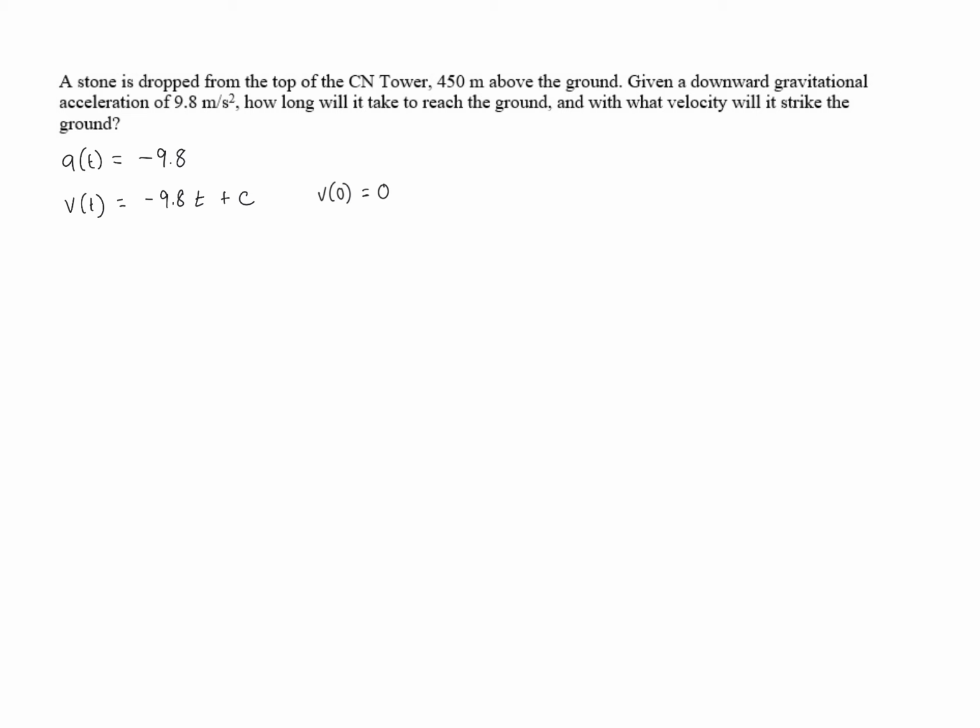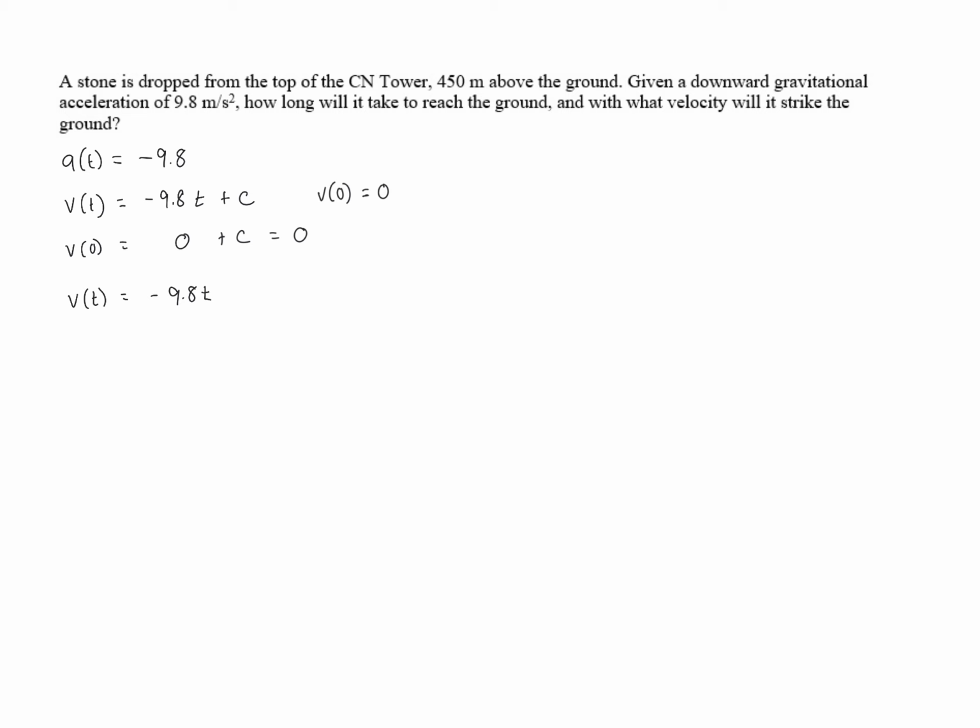Because we know the initial velocity is 0, we can plug in 0 for t and set that equal to 0, and we see that c is 0. That's really nice. So our velocity function is just negative 9.8 t.